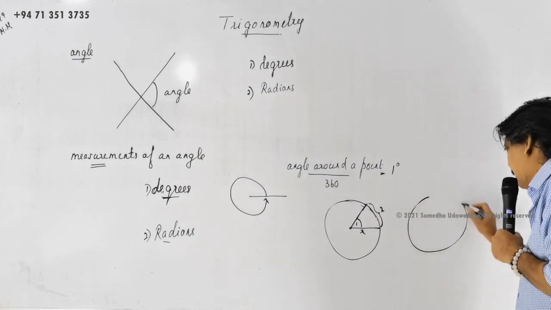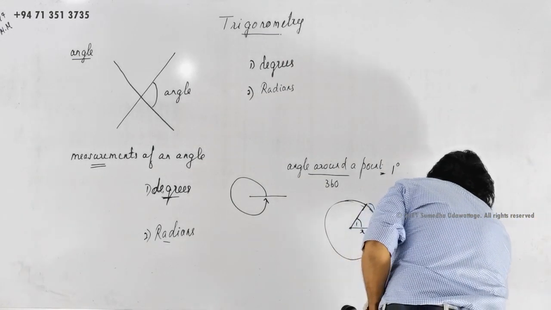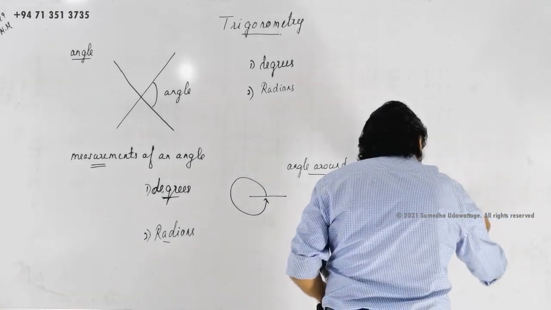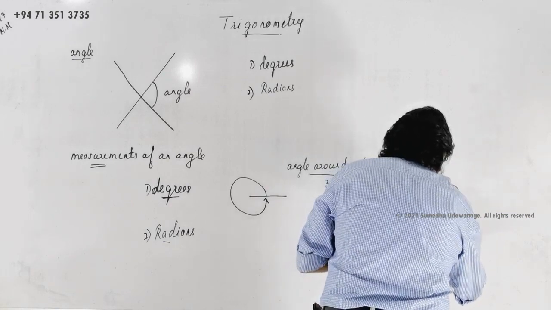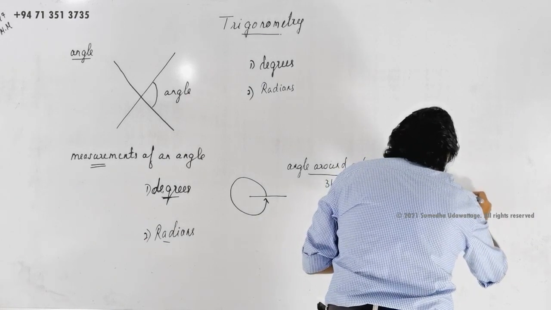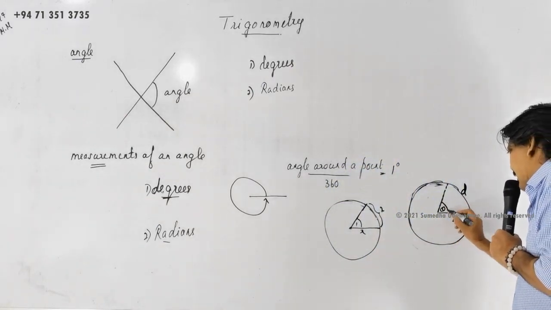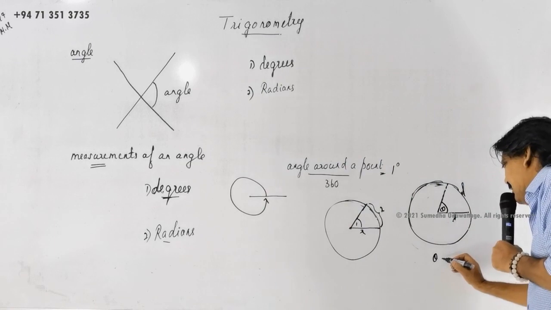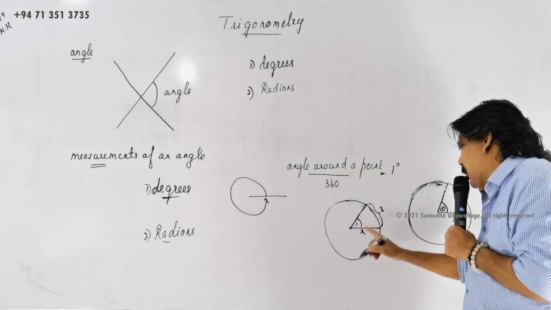Now basically, if you take it like this, say this certain distance is L and the radius is R, the angle theta is equal to L over R. Radian theta is equal to L over R. R over R is 1 radian.